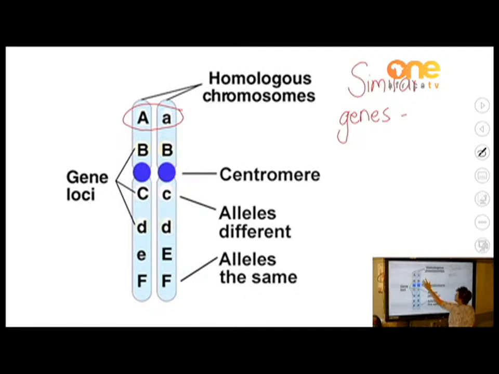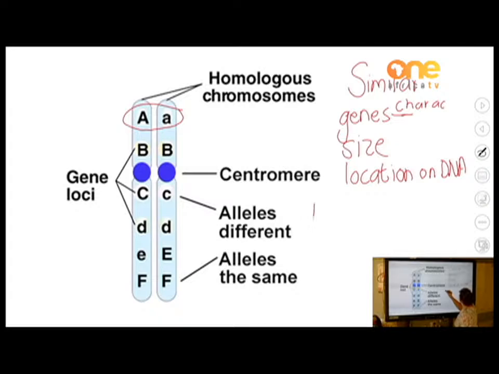They will be the same size and they will be on the same location on the DNA. They will have the gene for the same characteristics. They will be the same size and they will have the same location on the DNA. In that way, they will be similar, but they are not necessarily identical.